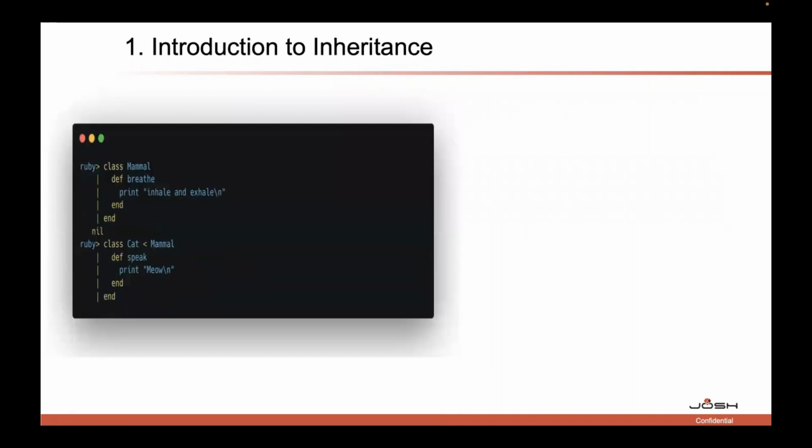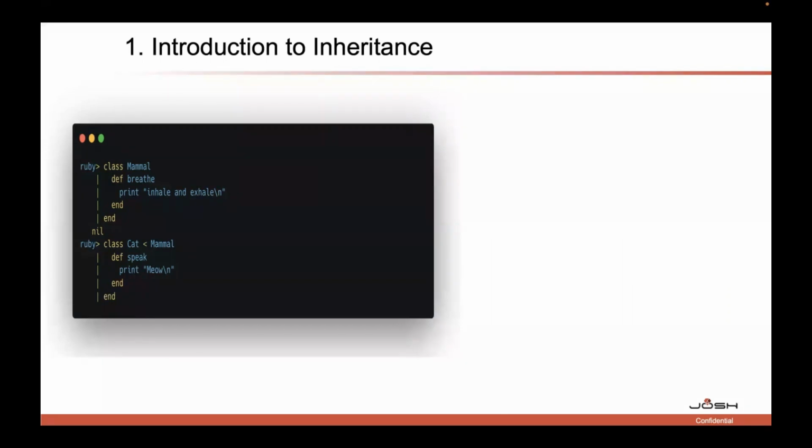Here we have the same classes as in the previous slide. You have a mammal class, and in the mammal class you have a method called breathe. Again, you have a cat class, and in the cat class you have a method called speak, and the cat class is inherited from the mammal class.